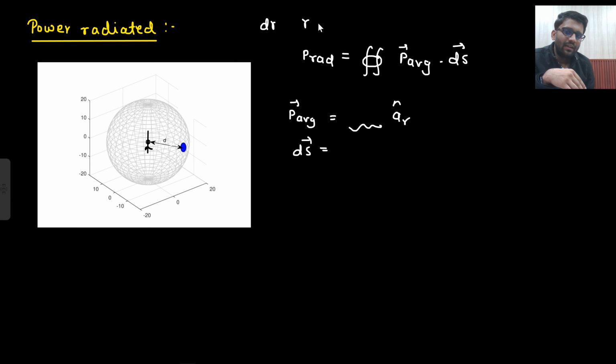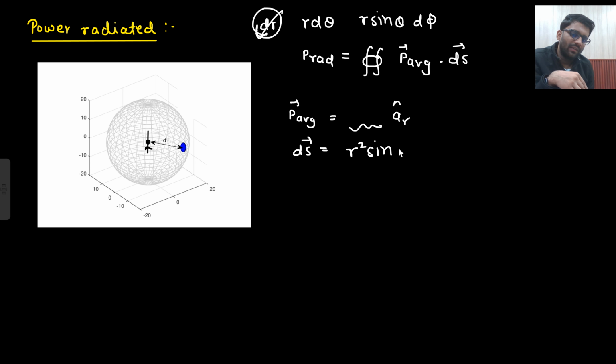If you remember, dr, r d theta, r sin theta d phi, so this was in the direction of a_r cap. So we need to drop dr, and then write r square sin theta d theta d phi a_r cap. Are you getting this point or not? r square sin theta d theta d phi a_r cap. So this is how we write down ds.